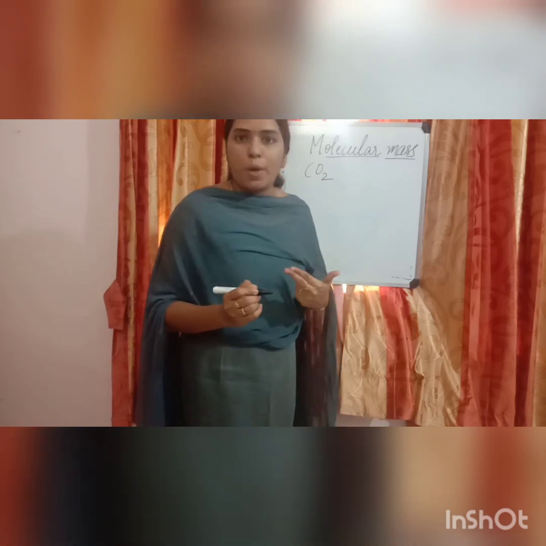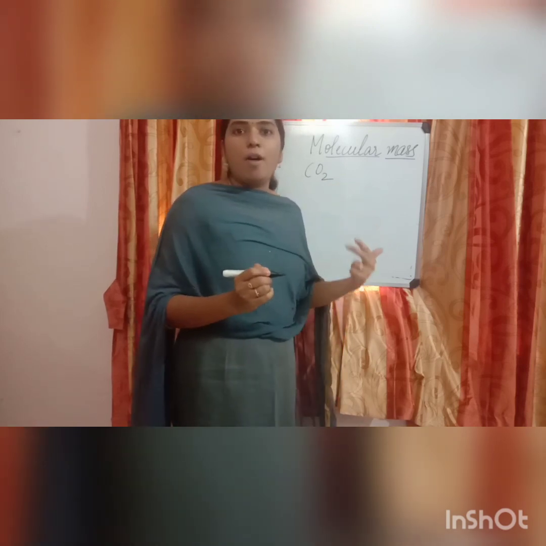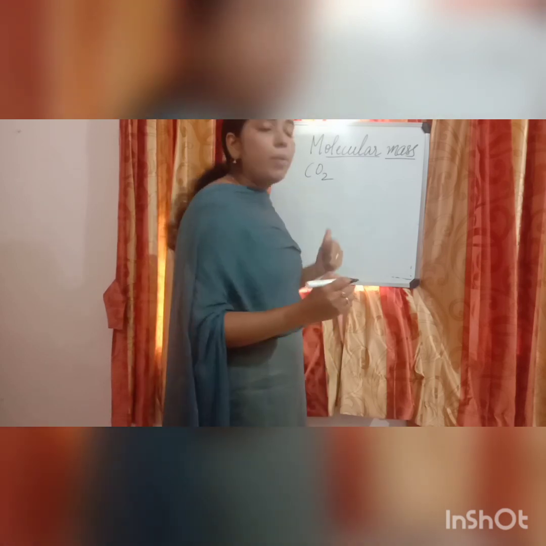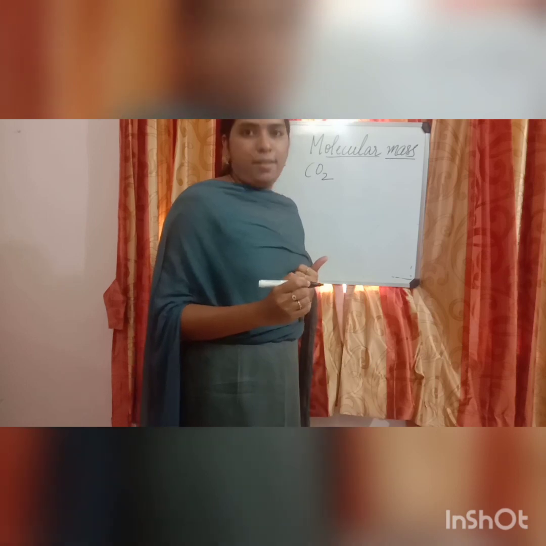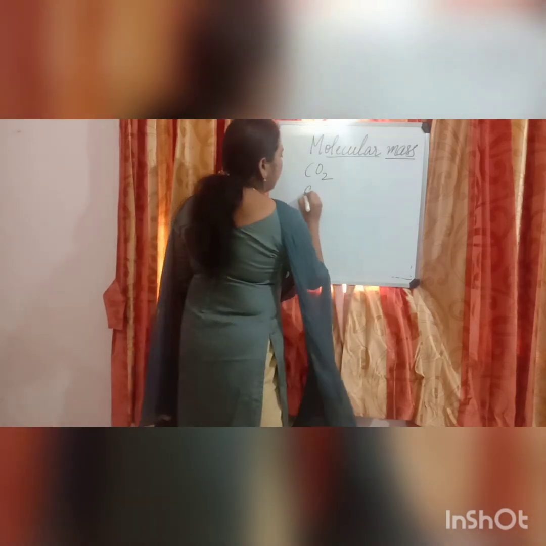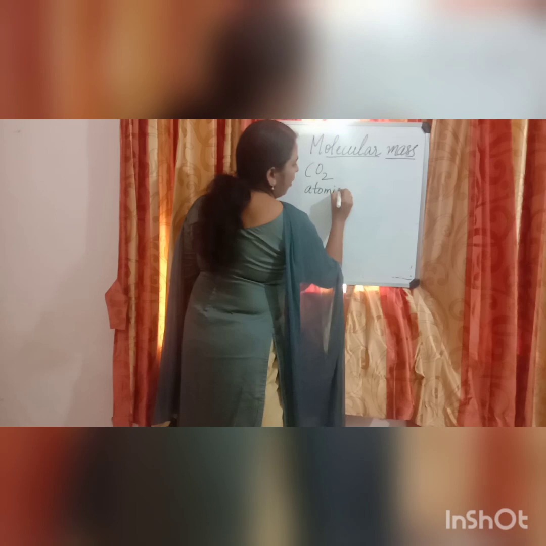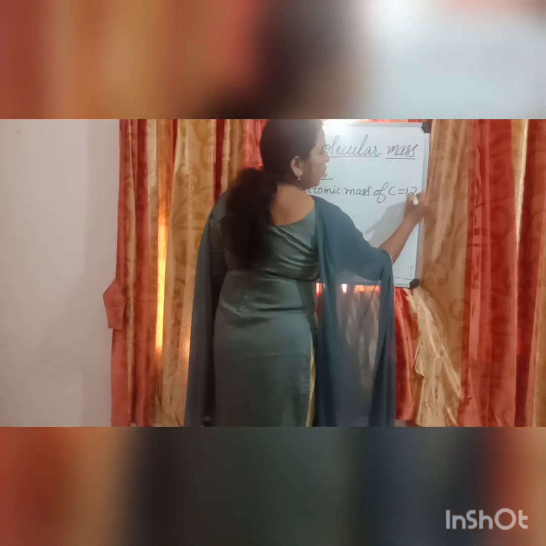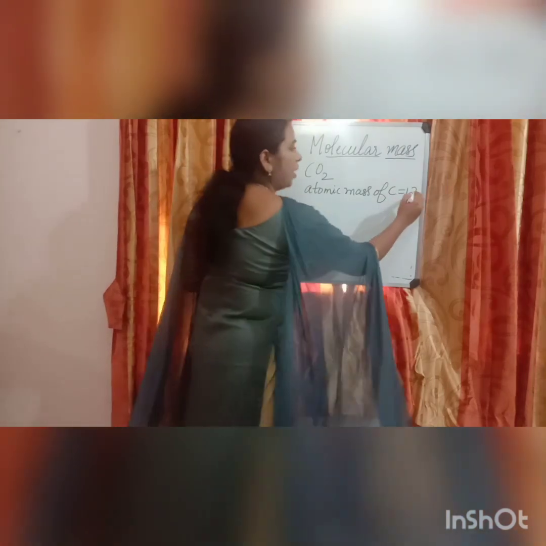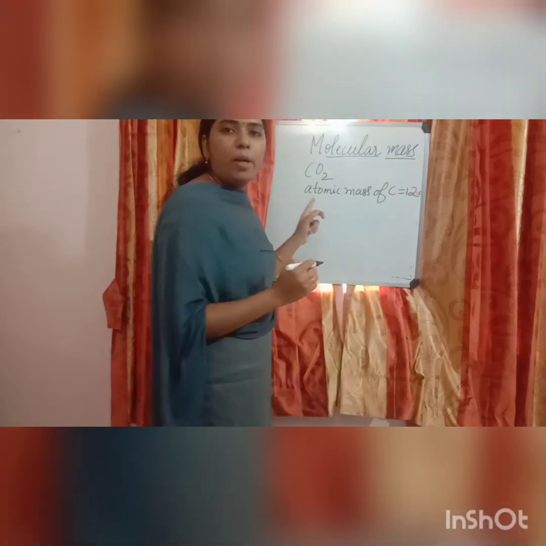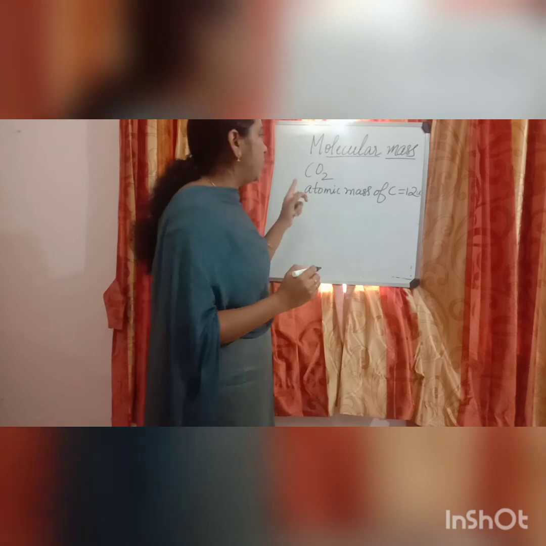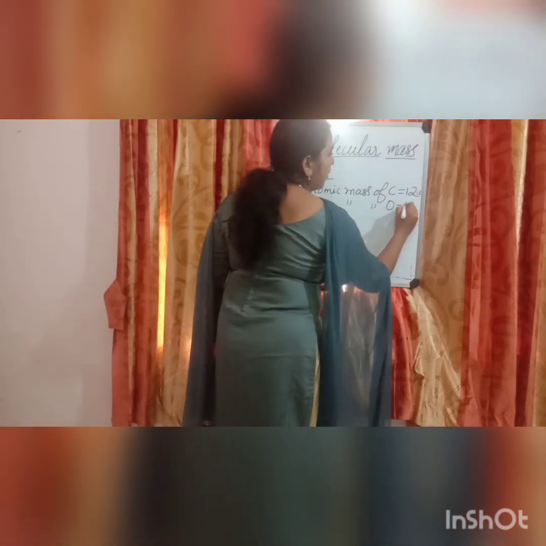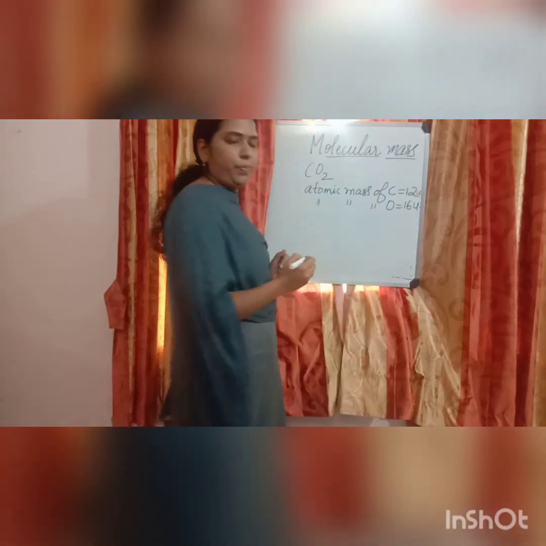Yes, you want to write the atomic masses of different elements present in the molecule. What is the atomic mass of carbon? Yes, 12. So, atomic mass of carbon is equal to 12 U. Then what about the atomic mass of oxygen? Yes, atomic mass of oxygen is equal to 16 U.